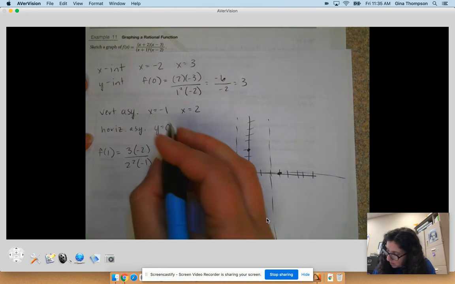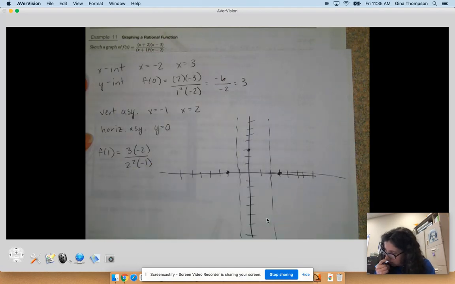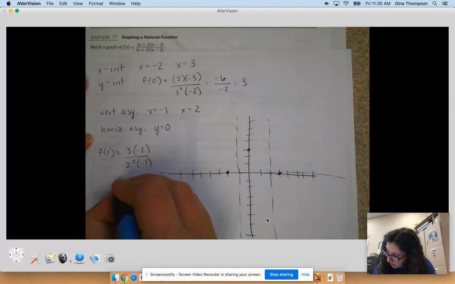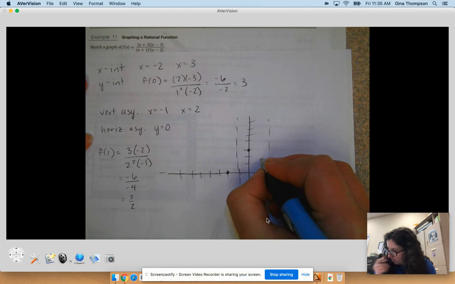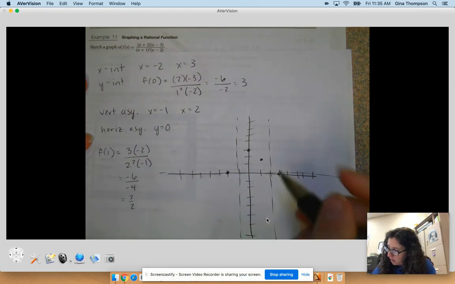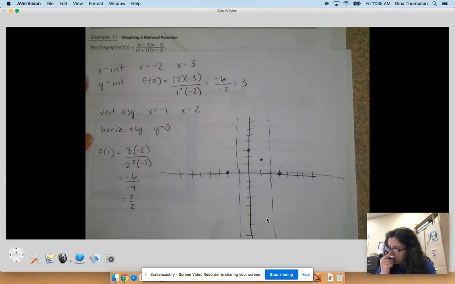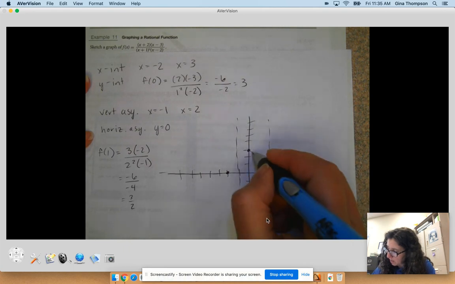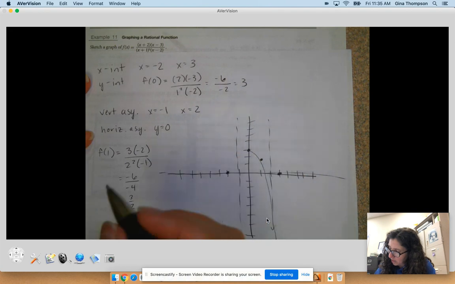So that's going to be negative 6 over negative 4, so 3 halves. Okay, so it seems like this is going to be, and we could plug in negative 1/2 to see. I think this one's going to go down on this side.